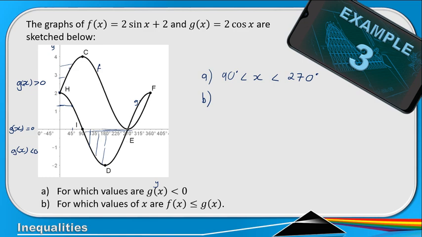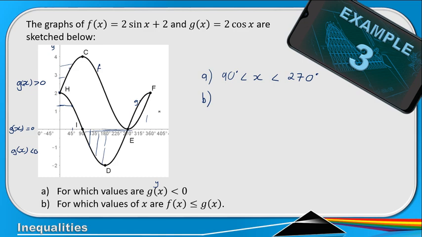Then here it crosses, so here they are equal again, but here the g graph is actually bigger than the f graph. So from 270 up to 360, the g graph lies on top of the f graph, which means it's bigger.